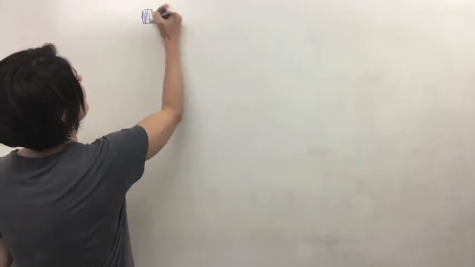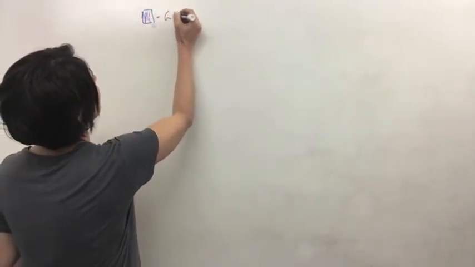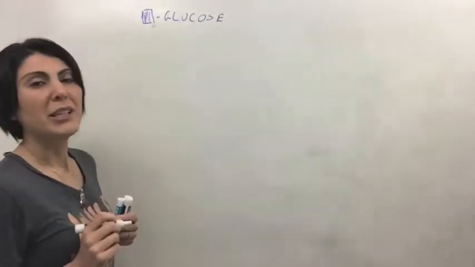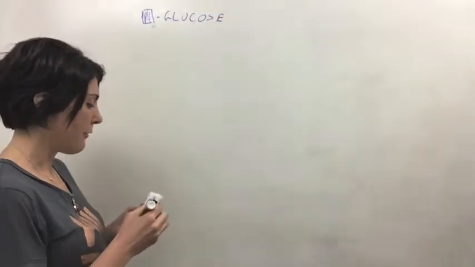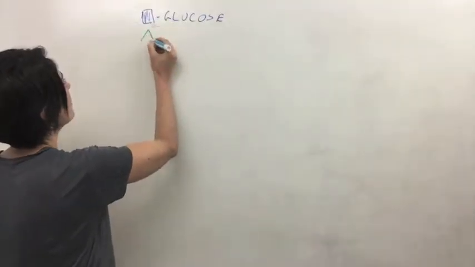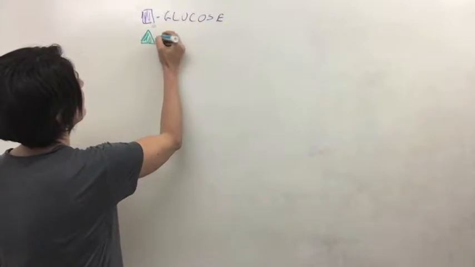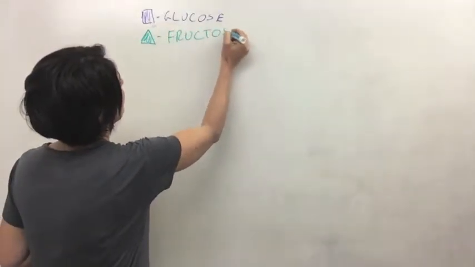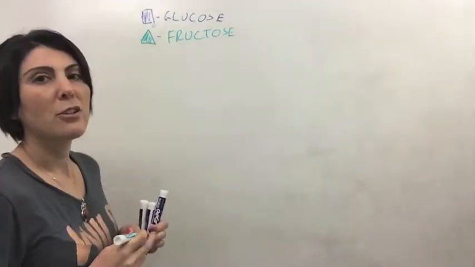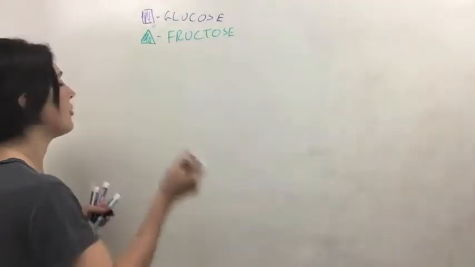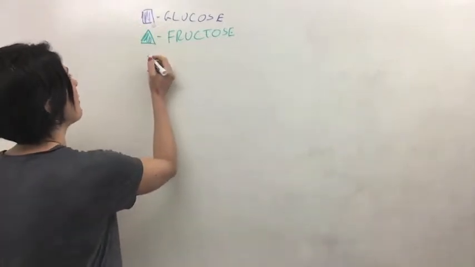This is glucose, we'll put it as a square. We have fructose, we'll do a triangle for fructose. And galactose, which is found in milk or dairy products, and we'll do that one as a circle. We won't talk much about galactose.